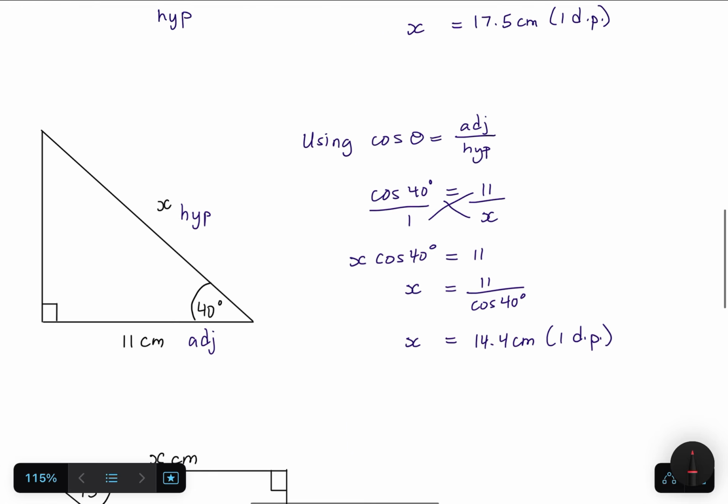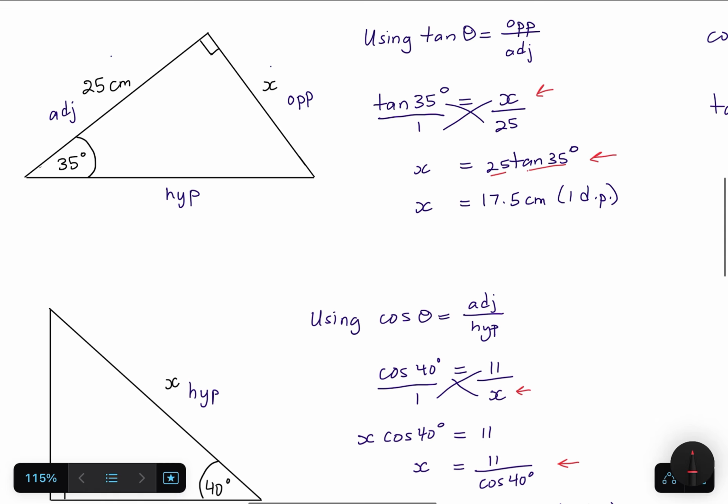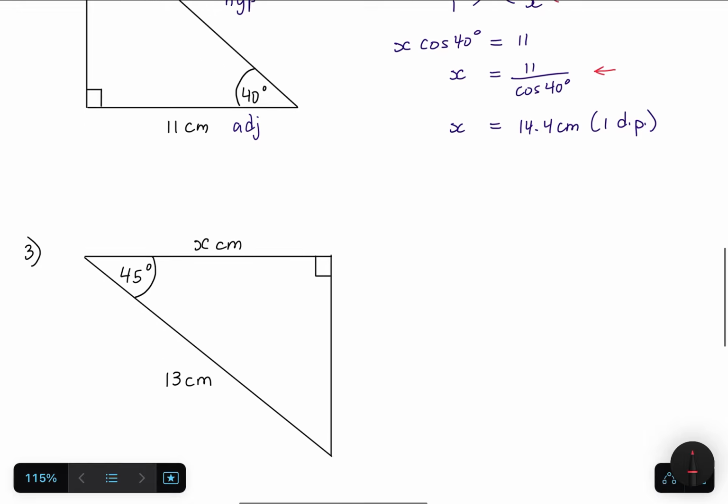However, when the unknown side is in the denominator of the ratio, then you divide the known side by the sine, cos, or tan of the angle. Now, it doesn't really matter that you remember this, because it's algebra at the end of the day. You can work it out with sound algebra. But it's always good to look for little clues and patterns when you're doing your solutions.